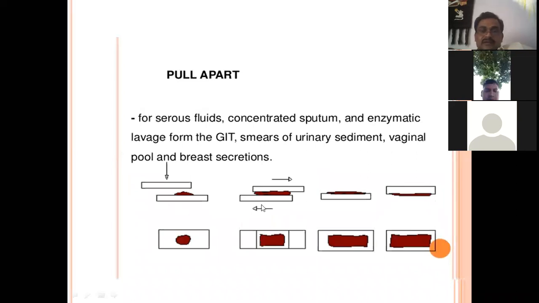So in the diagram you can see how to pull apart. This is the sample, you keep a second slide over it, slide one over the other, and then remove both the slides. So you will get sample on both the slides. Accordingly, this type of smear you can get by using the pull apart technique.